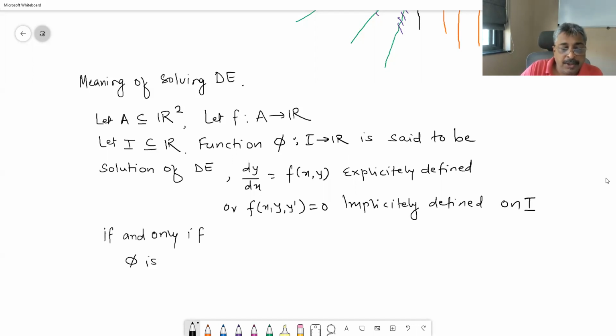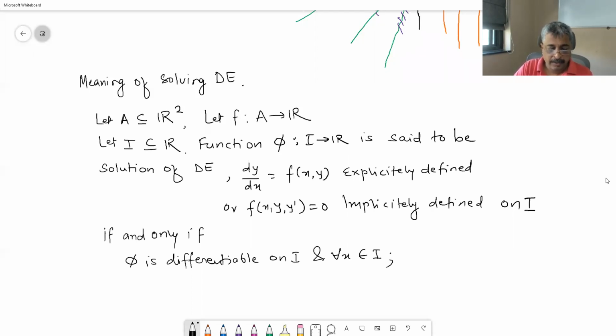phi is differentiable on I, and for every x belonging to I, x comma phi of x belongs to A, and phi dash of x is equal to f of x comma phi of x.